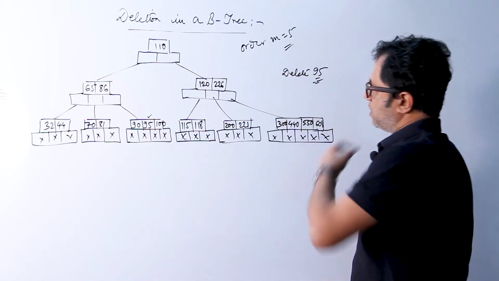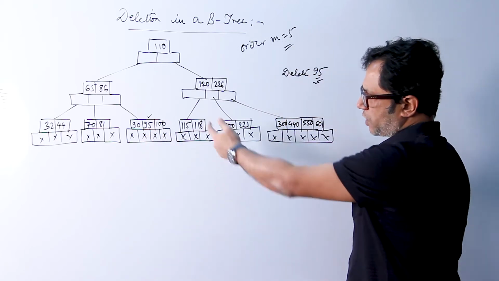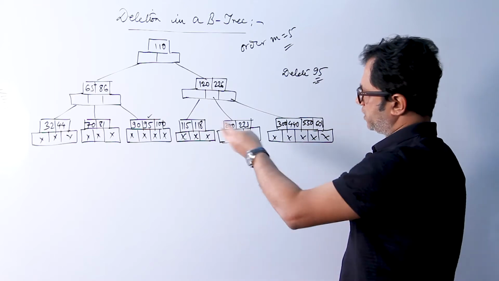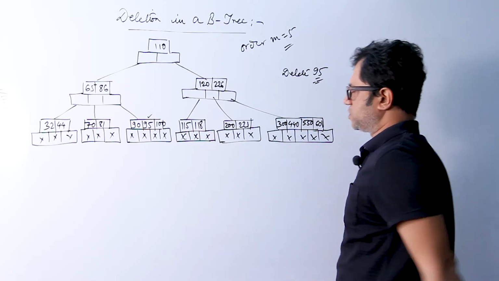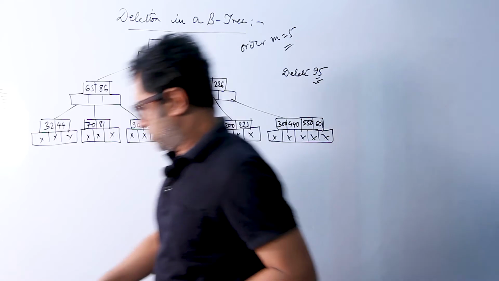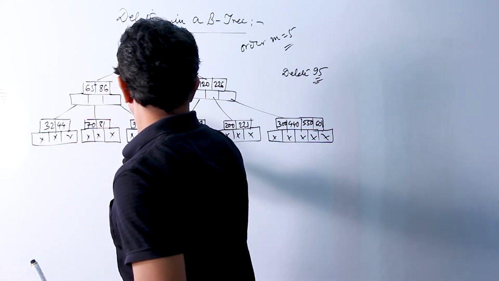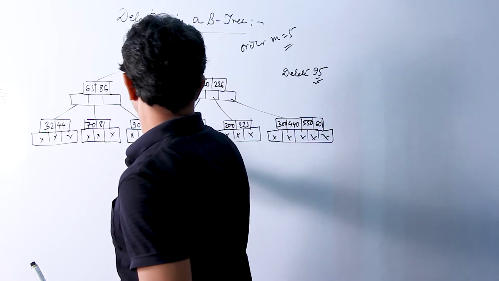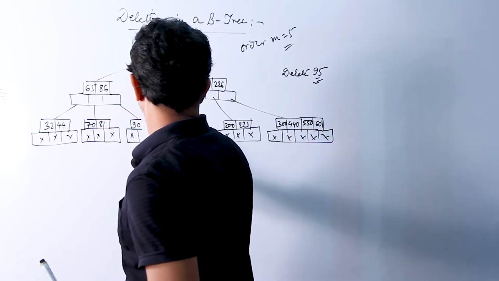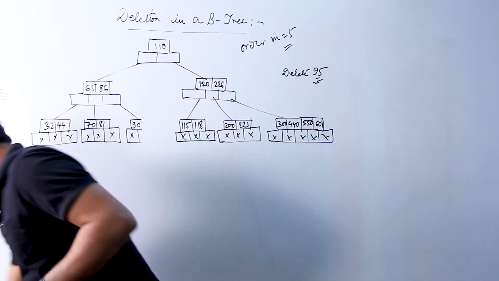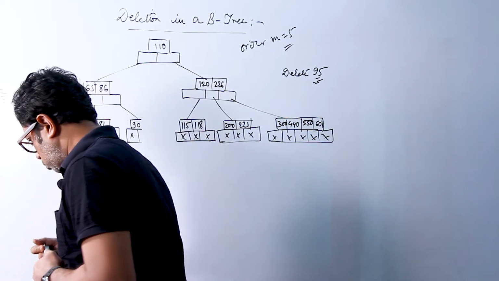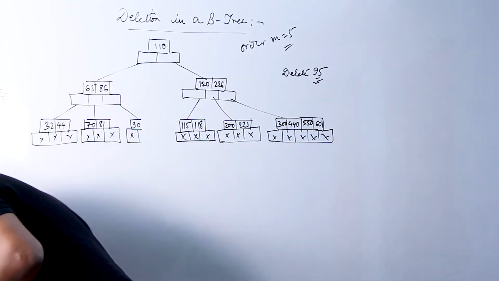Now after deleting 95, I will just rub off a little portion to accommodate the deletion process, so that we will assume that 95 has been deleted from this node. There was one value which was, I think, 100.